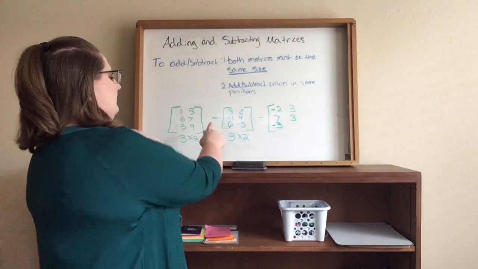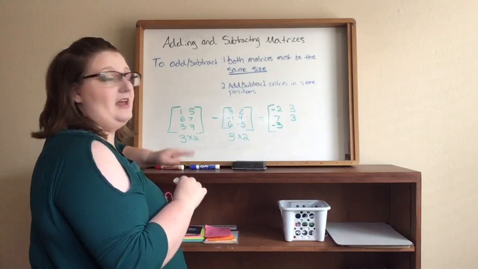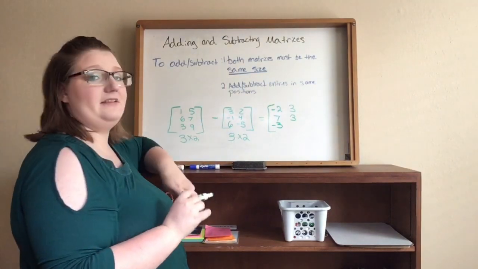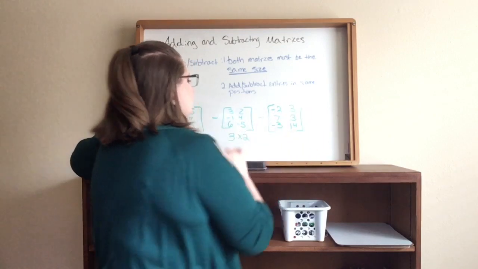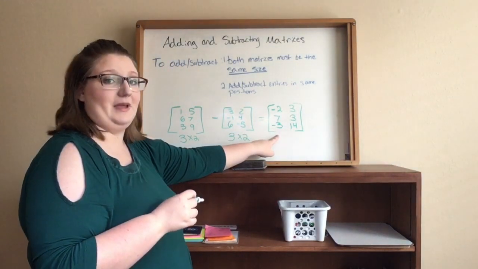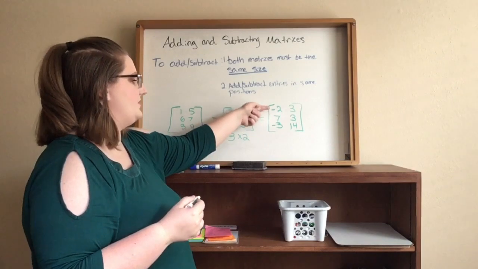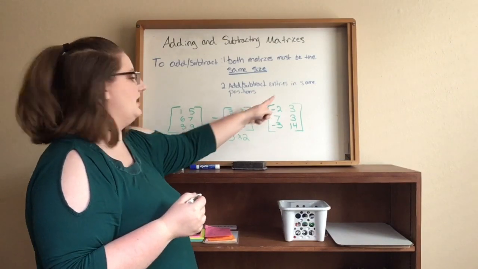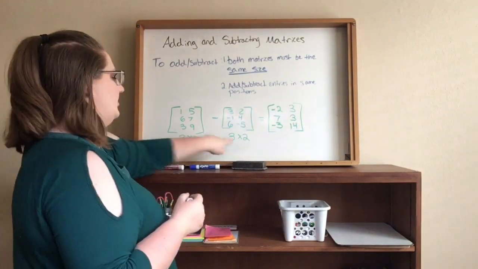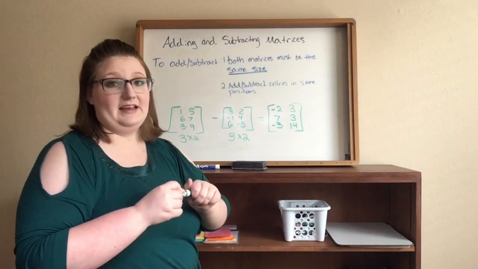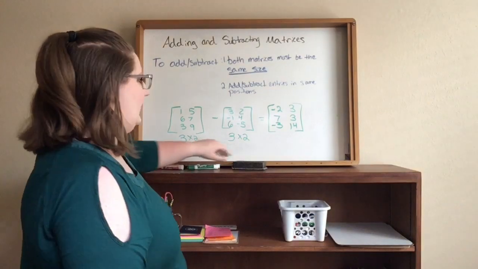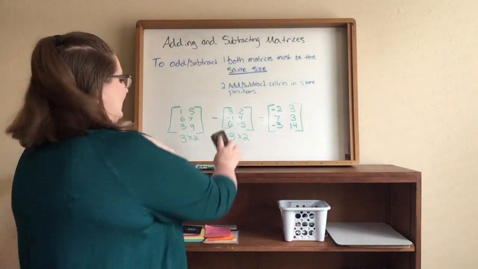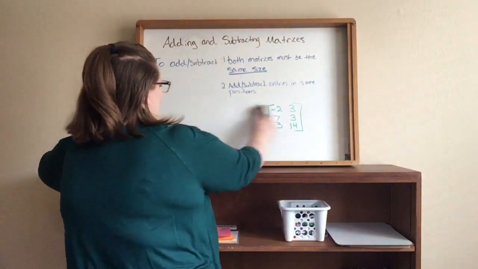And then 9 minus negative 5, and 9 minus negative 5 is going to be 14. So this would be our answer matrix. Notice it still has 3 rows and 2 columns, just like both of our matrices did in the subtraction problem. All right, we're going to look at one more example, and then that's going to be it on adding and subtracting matrices.